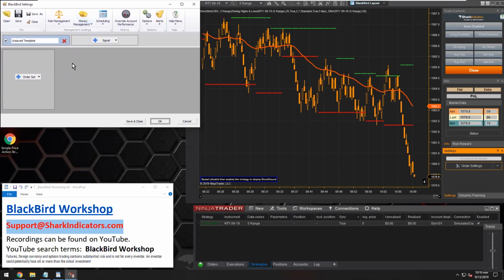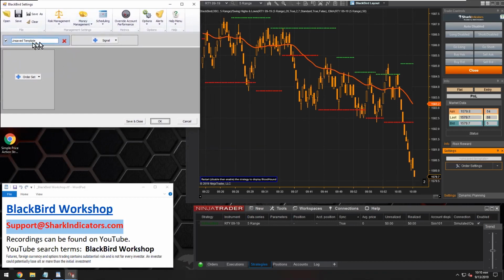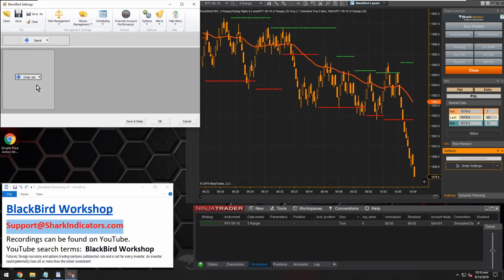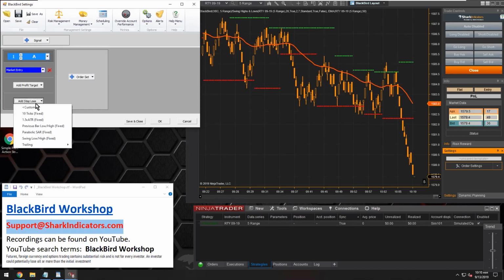All right. Okay, so we don't have a BloodHound template for this, so I'm just going to get rid of that, and let's start making an order set. What I'll do is incorporate these exit rules into a stop loss.